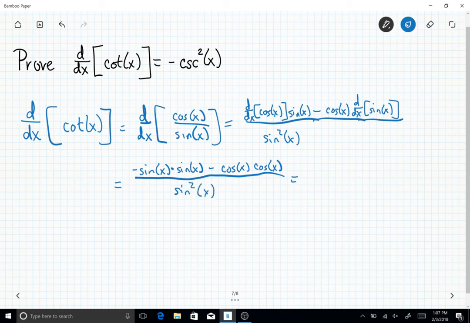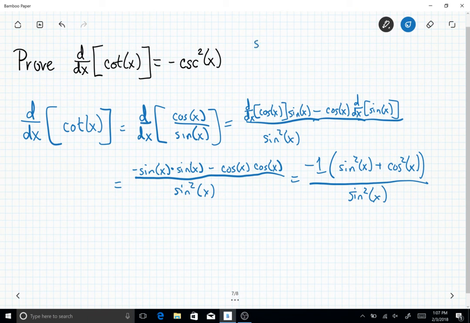So what happens here? Well, we can factor out a negative 1 out of the numerator, so negative 1, I'll even write the 1, it's not necessary, but notice sine times sine makes sine squared x plus cosine x times cosine x makes cosine squared of x. Well, if you recall, there's a trig identity, and I'll use theta up here.